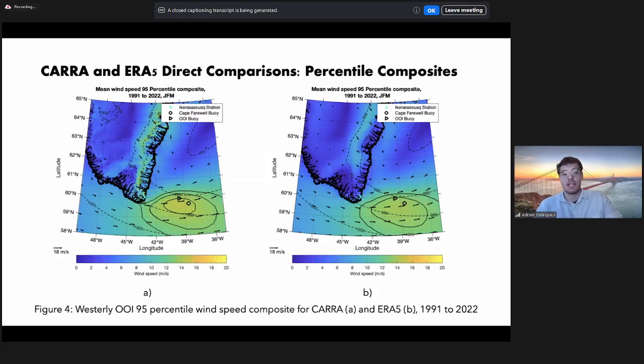So as you can see, over the ocean, not many differences, same general pattern, but along the eastern coastline, we actually have much more detail in the Kara model. I should note that for the 95th percentile, Kara does actually have the tendency to have 1 to 2 meters a second more, but the same general pattern applies over the ocean. So I hope that's pretty clear.